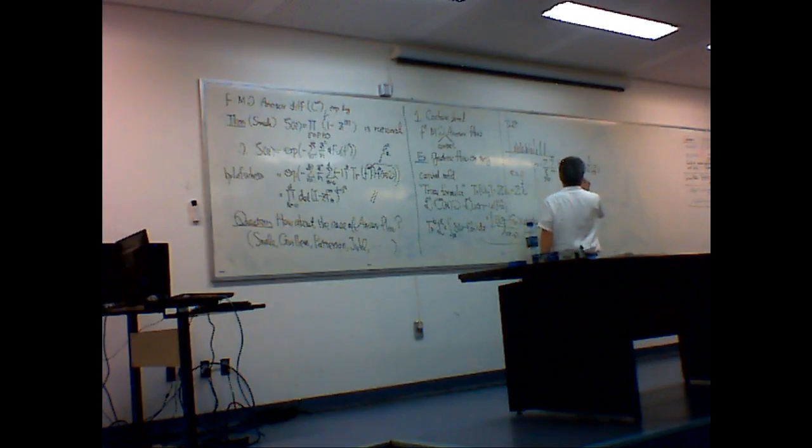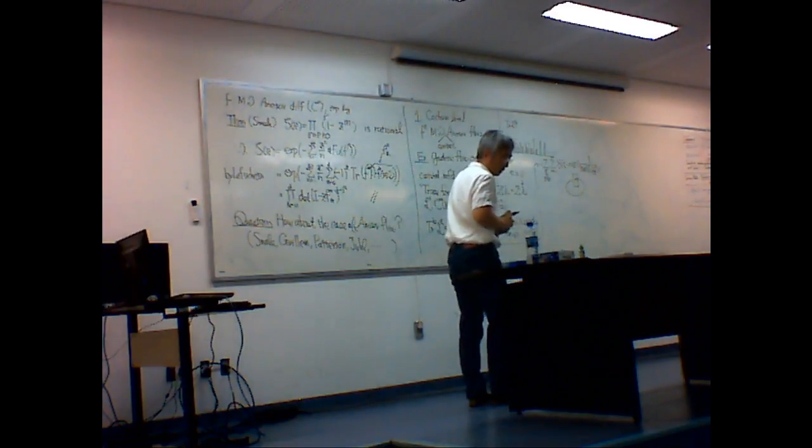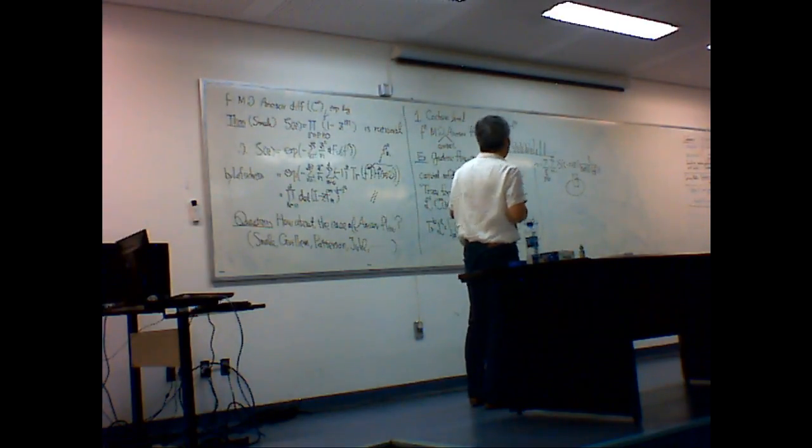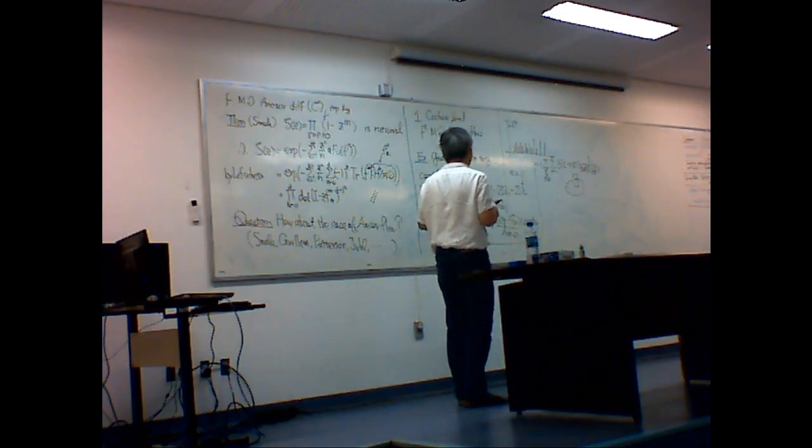If you have a periodic orbit like this, then you take a Poincaré section and consider the derivative of the return map, and you get this matrix.